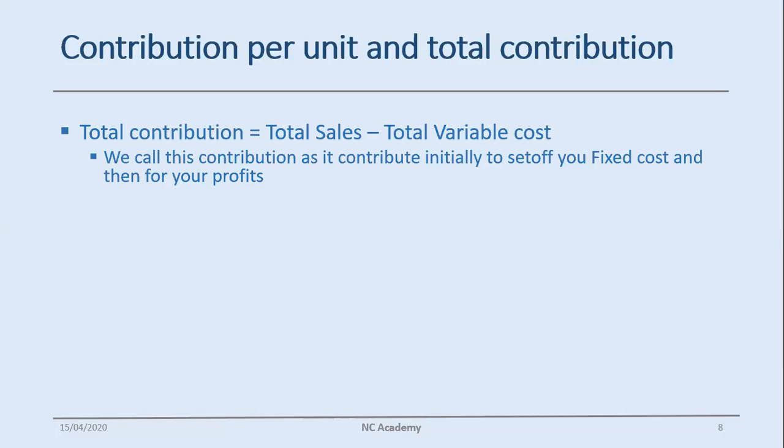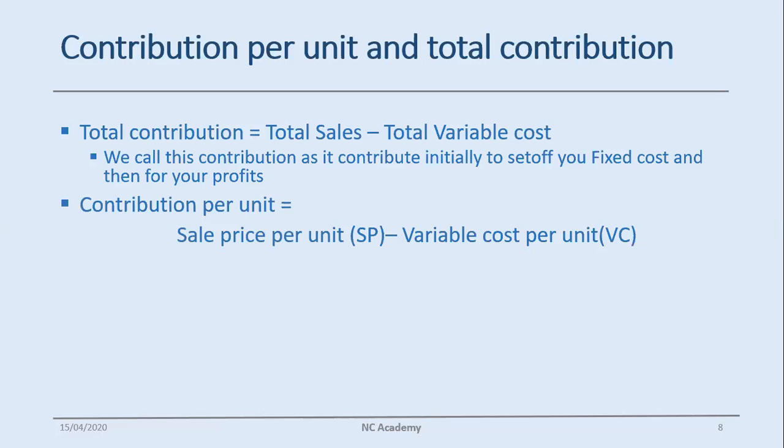So we have not deducted fixed cost here. Why contribution? I always remember it by thinking that this is what contributes to cover fixed cost and then to make profits for us. So that's how I used to remember it.